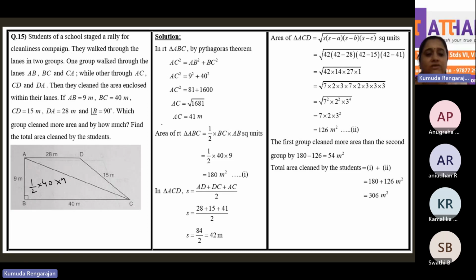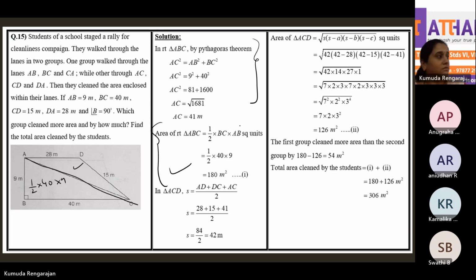That will give you the area of the triangle ABC. Correct? Now to find the area of this triangle, you need to find AC. That's what I found here. Pythagoras theorem, AC is 41 meters. This 41 is not needed to find the area of triangle ABC. We are finding it to find the area of this other triangle.